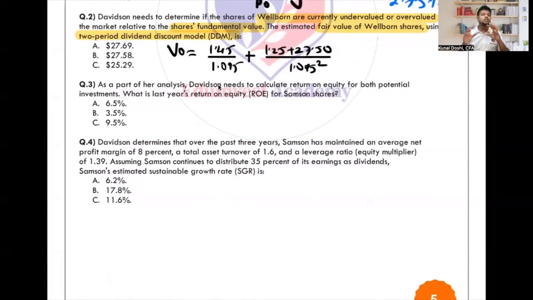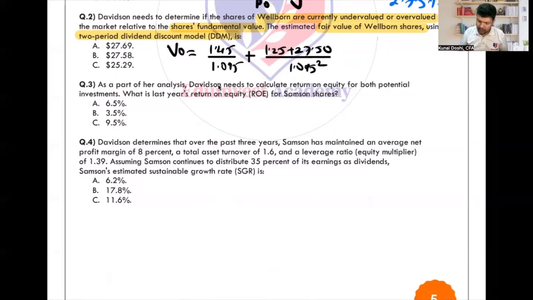Remember, it's not Gordon's growth. You can use whichever, you can use a cash flow function also. You will get the present value. Let me know the present value, everyone. 1.45 times 1.095 inverse, plus 1.25 plus 27.5 times 1.095 square inverse.